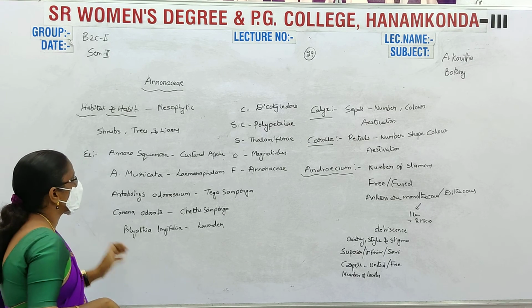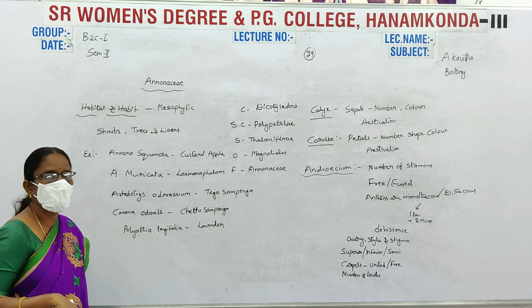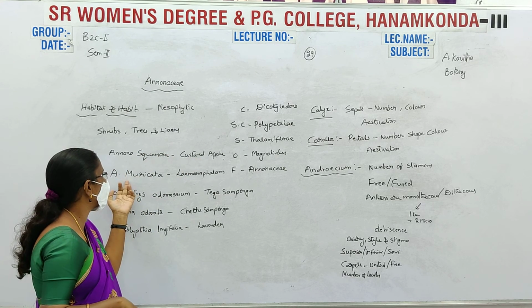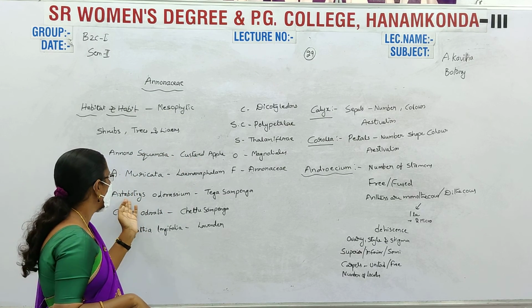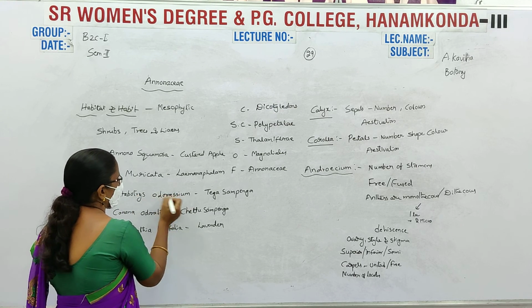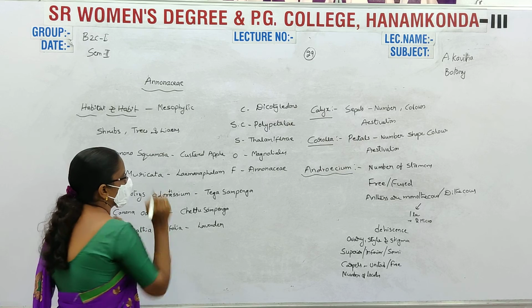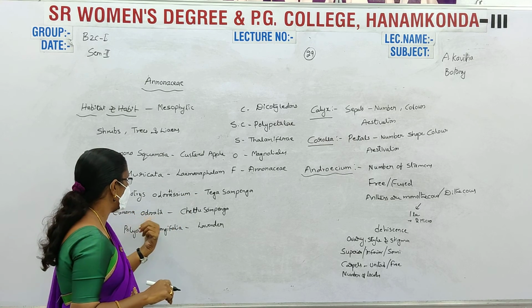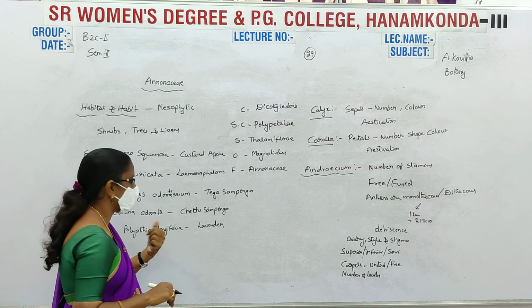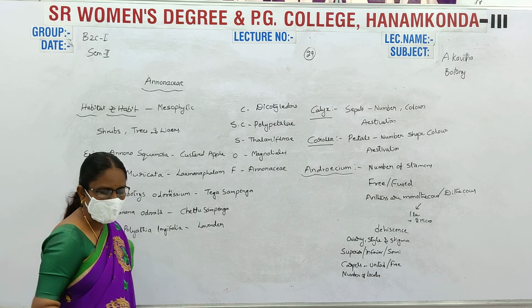These are examples of Annonaceae family plants: Annona squamosa, custard apple; Annona muricata, Lakshmana Phalam; Artabotrys odoratissimus, Tiga Sampangi; Cananga odorata, Chettu Sampangi; and Polyalthia longifolia, Lavender.